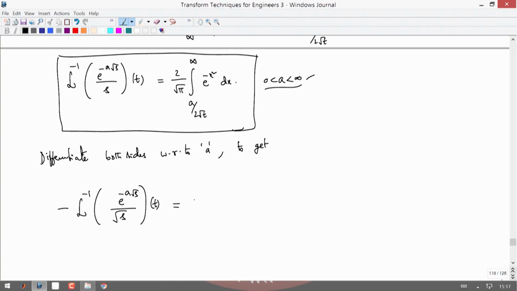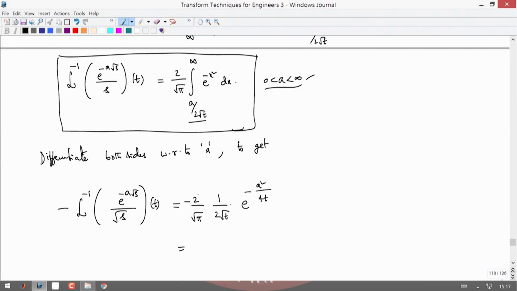So, that you have here 2 by root pi, and this one if you differentiate with respect to a, it is going to be minus sine, and you have 1 by 2 root t times, wherever x is there you just put e power minus a square by 4 t. So, this is what you have.